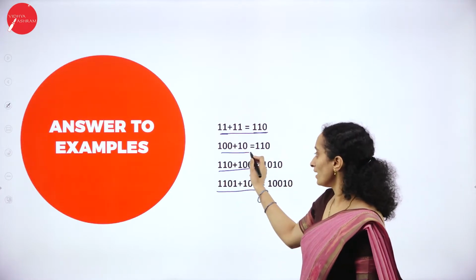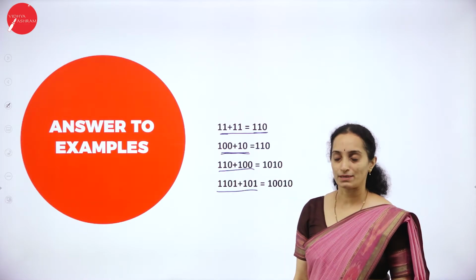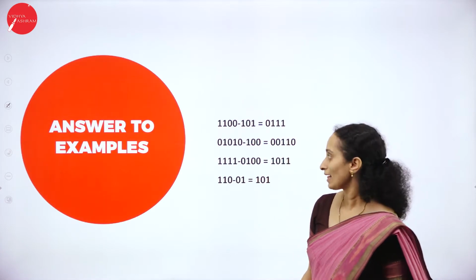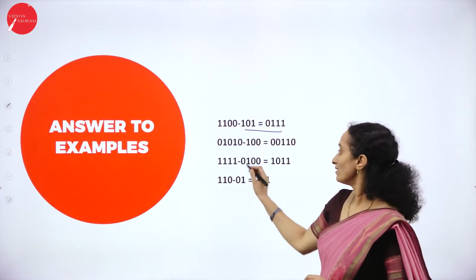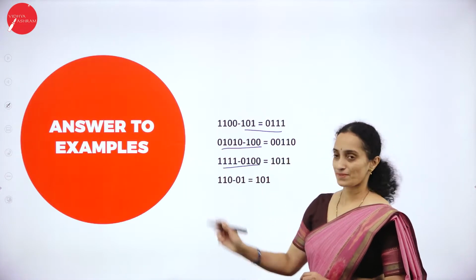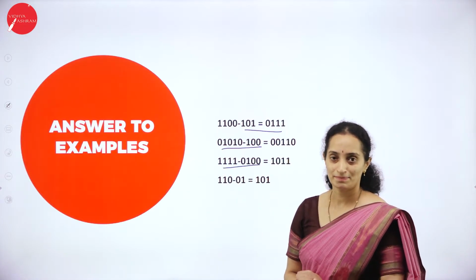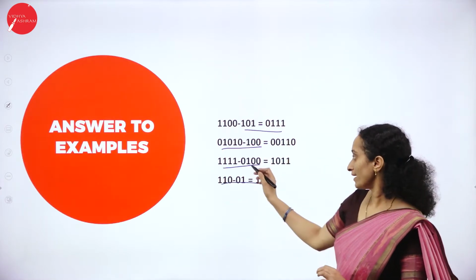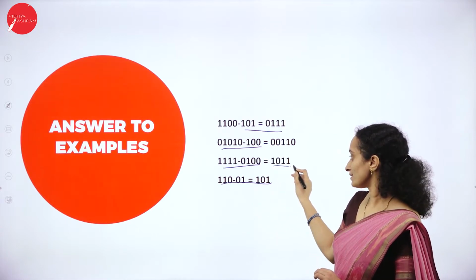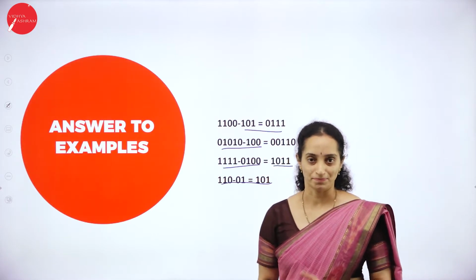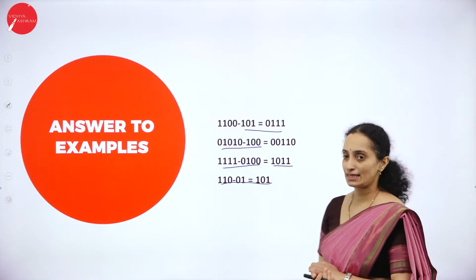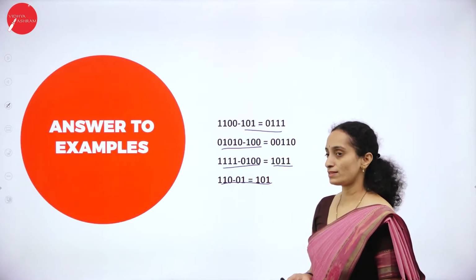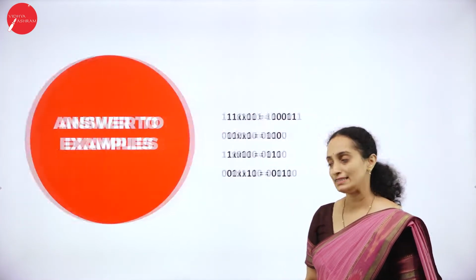So, this will prove the correctness of the arithmetic operation you have carried out. Next is the subtraction on the examples given in the last session. So, we have 1, 1, 1, 1 minus 0, 1, 0, 0 results in 1, 0, 1, 1. Again, you can check for the correctness by converting all the operands and the result to decimal.